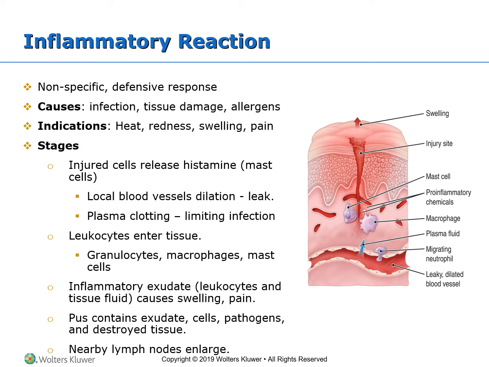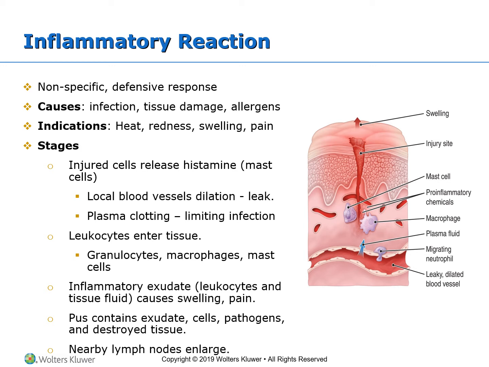The immune-activated cells will secrete those chemicals that I was talking about before, prostaglandins and histamines and cytokines, and those will increase even more this pain and the inflammation locally.